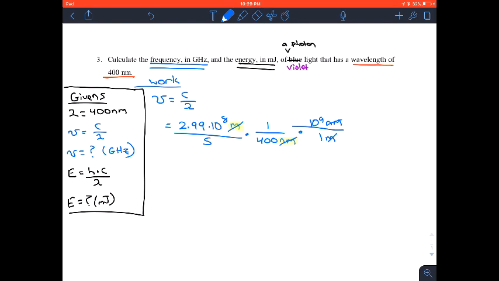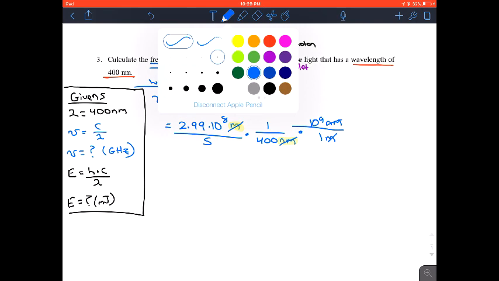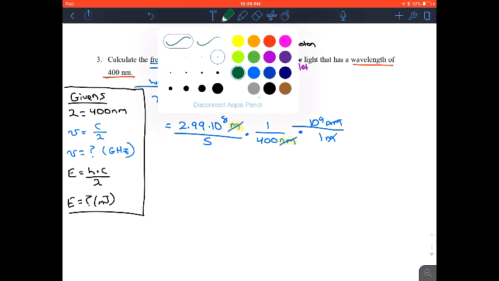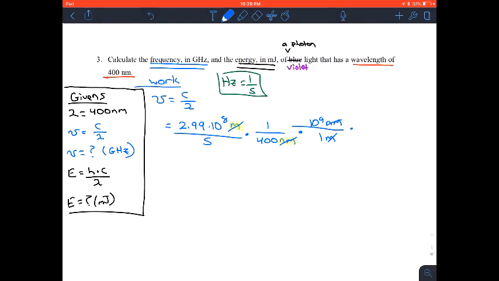That leaves us with hertz. Let's not forget our definition. We have 1 hertz equals 1 over second. So in this case, we have hertz in the numerator. So therefore, we need to have hertz in the denominator to cancel it out. And we need to convert to gigahertz.